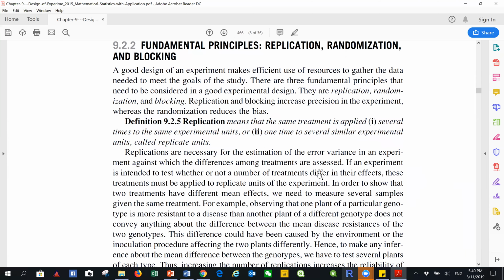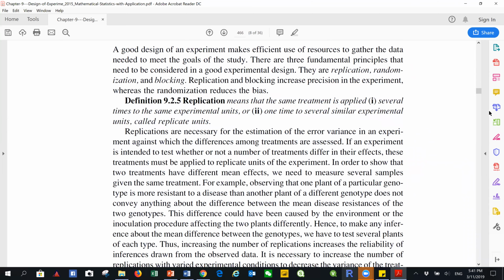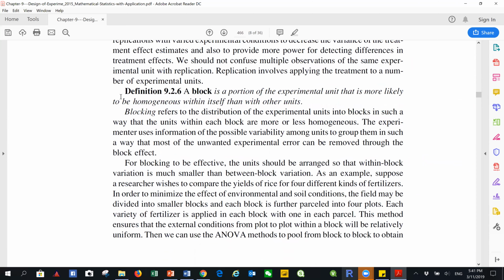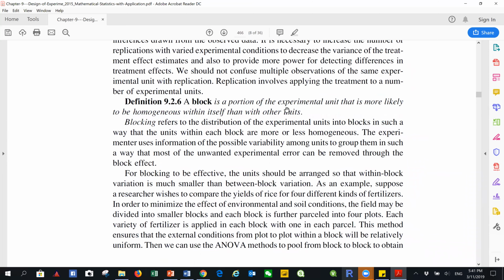Okay, so this is replication. Let me move on. Then a block is a portion of the experimental units that is more likely to be homogeneous with itself than with the other units. Okay.